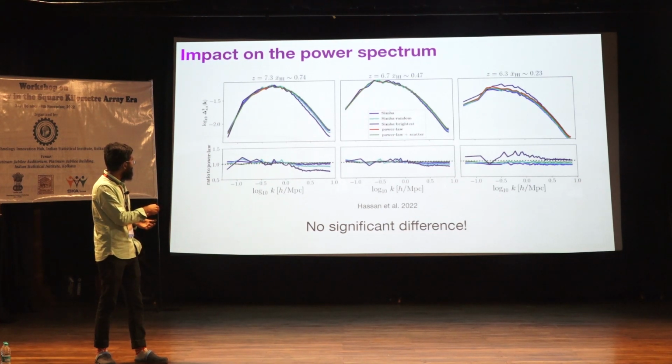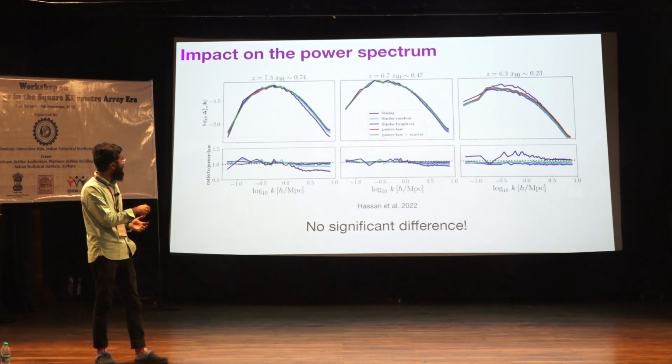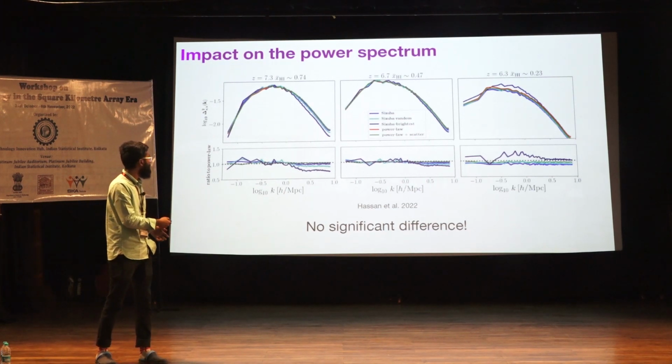They assumed different models: in one there is no scatter, and in the others they have realistic scatter from the simulation, as well as artificially introduced scatter. In all of the cases, the impact is not very drastic, as is evident from this.